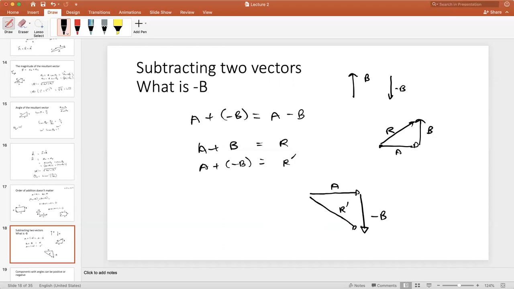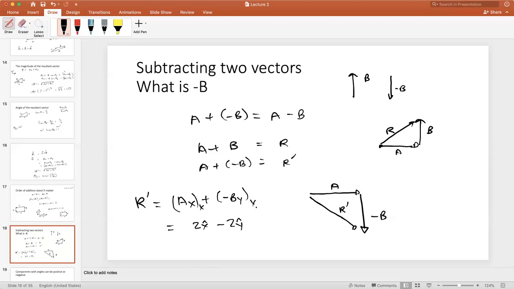And it points down. And why does it point down? Well, it points down because the components of R prime are Ax plus minus By, in the x and y. So the components here are 2x minus 2y, and that gives us this resultant.